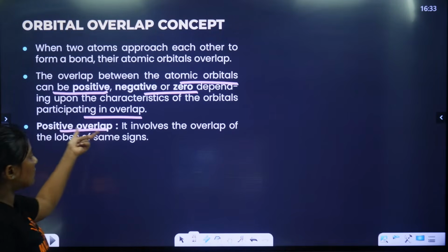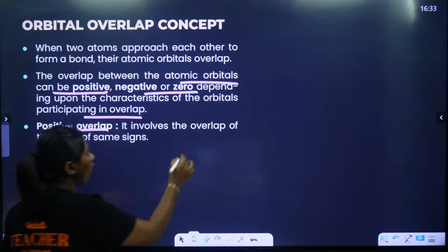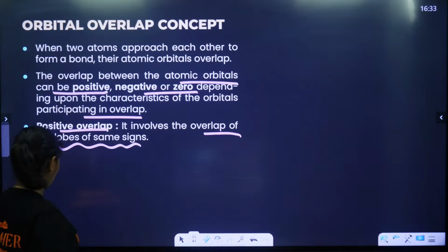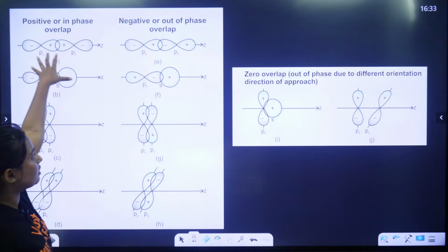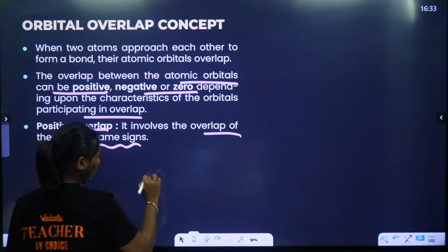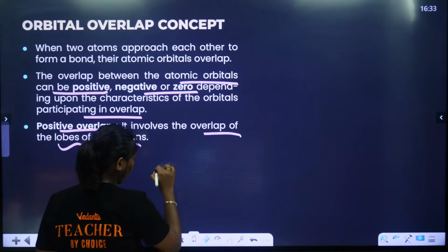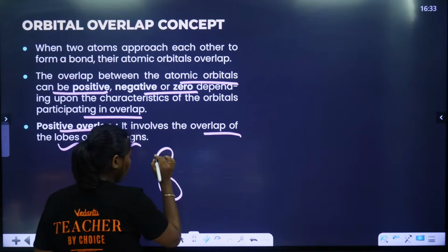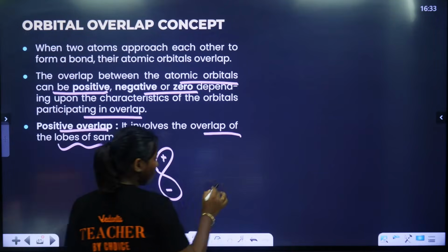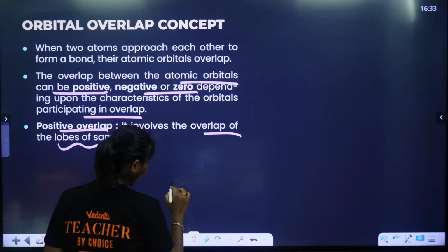So positive overlap means it involves overlap of the lobes of the same sign. So I will tell you. Here, this is your p orbital lobe. One side is positive, another side is negative.